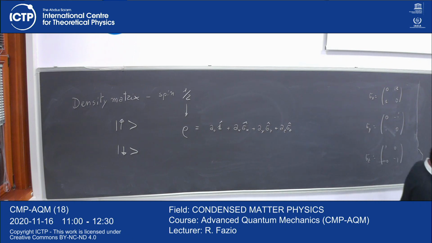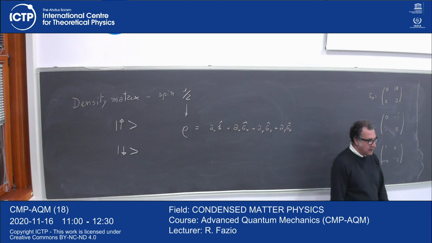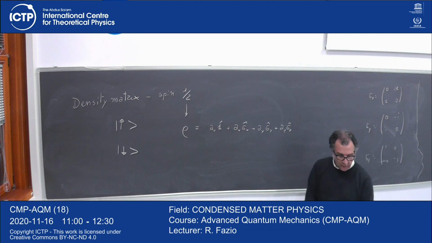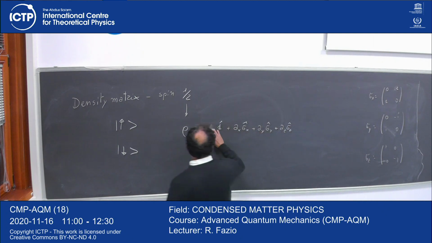Just look at the sigmas. It should be a positive fraction. You're getting closer. Which fraction? One half. Very good, because we want the trace to be 1. So this should be 1/2.